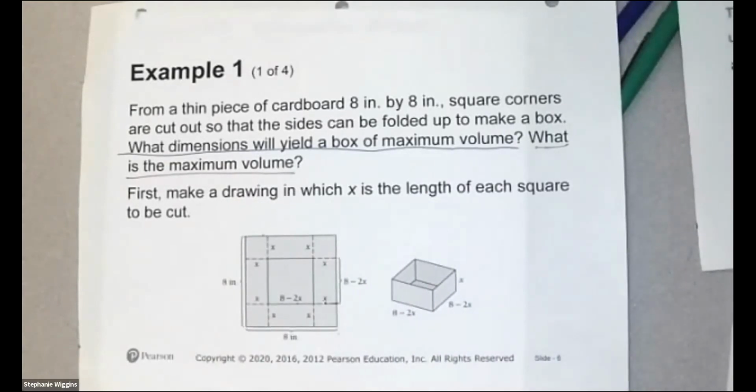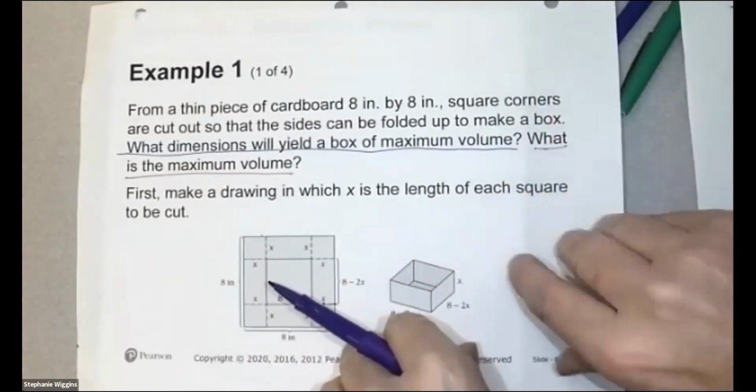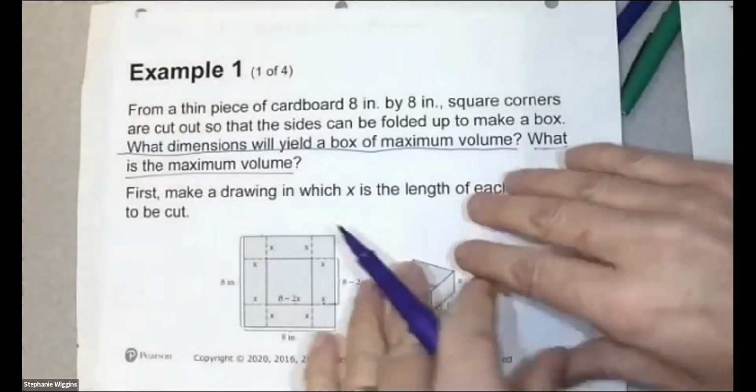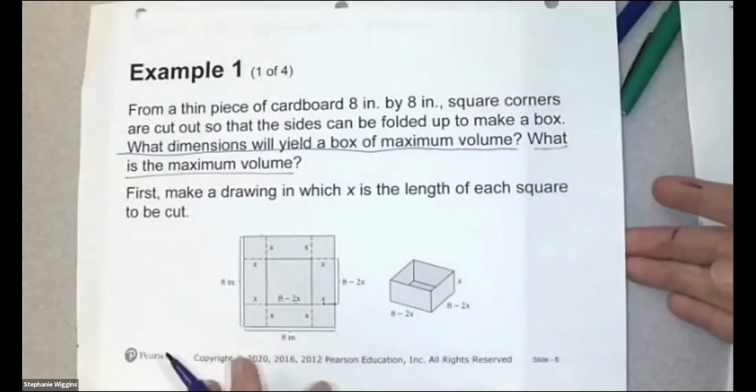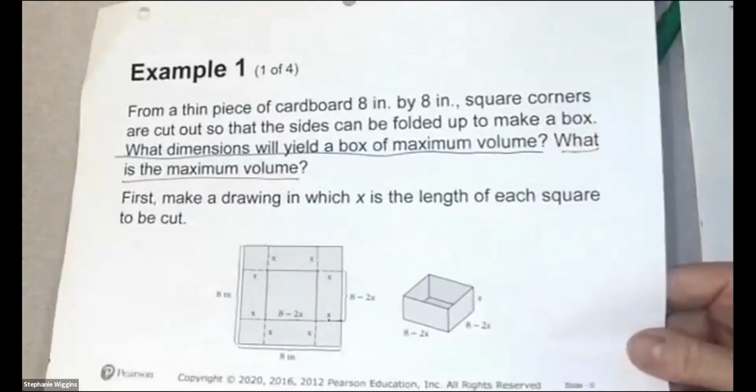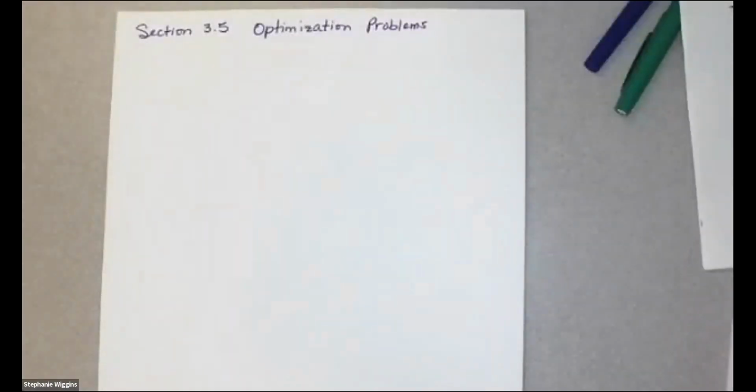So if you want to calculate the volume of this box, you're going to take the length times the width times the height. If you want to get this for your notes, you're not going to have time maybe to copy it right now, but just go and check out that PowerPoint, and you can print it out if you want to put in your notes.